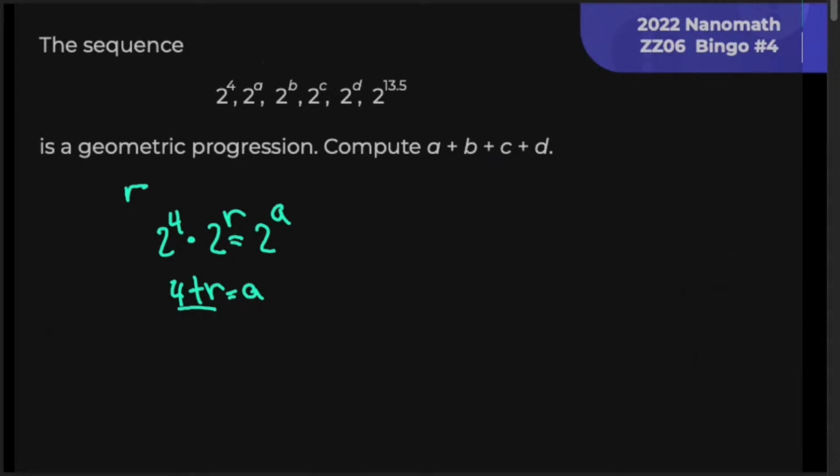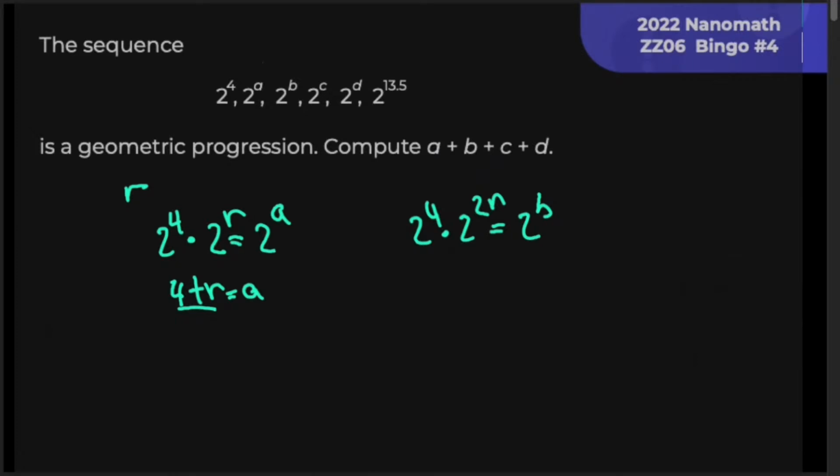It's pretty useful. Then let's see what happens if we use that thinking again with the first term, 2 to the 4, times, if we go 2 steps forward, 2 to the 2r, because we want r, and then r again is equal to 2 to the e.